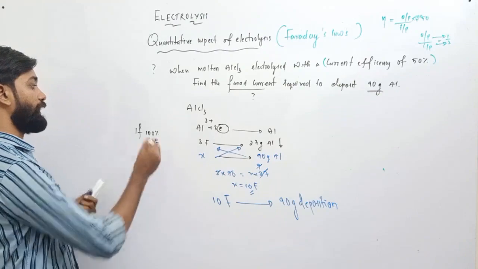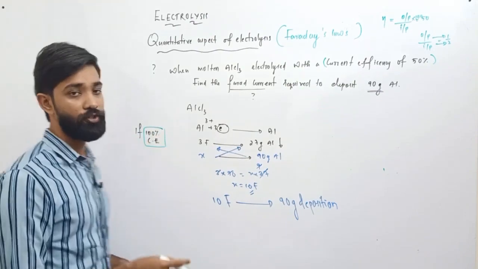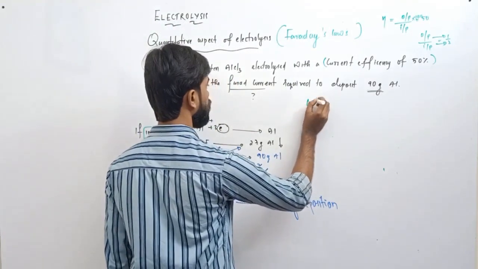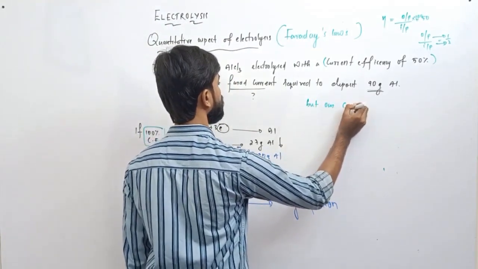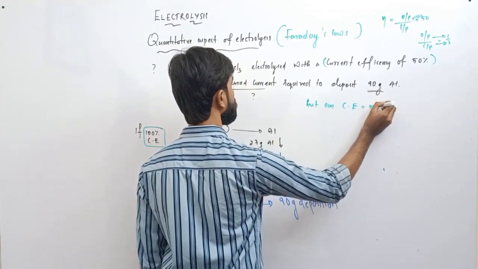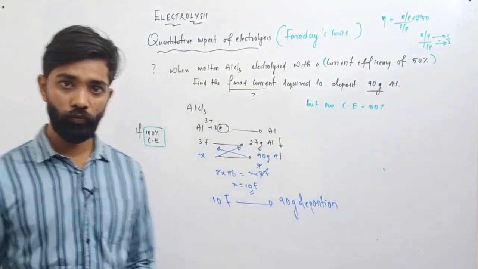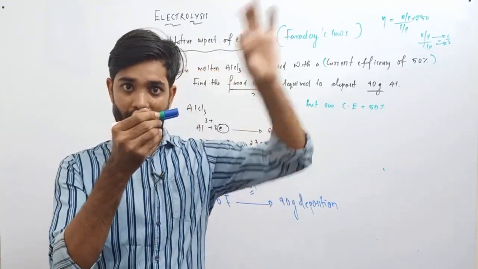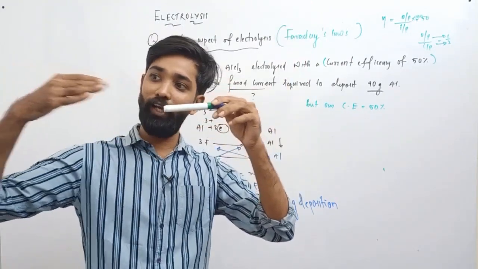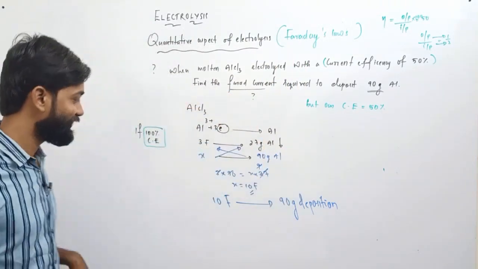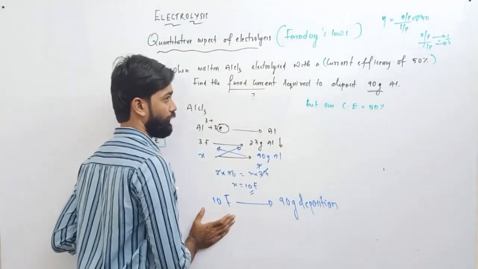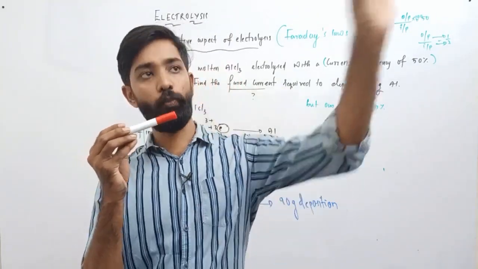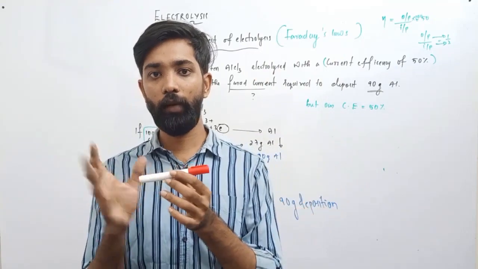That is the ideal case, if the current efficiency is 100%, but our current efficiency is 50%. So to obtain 10 farad output, we have to supply 20 farad. Actually 90 gram requires 10 farad, no compromise in it. 10 farad output can provide 90 gram deposition.